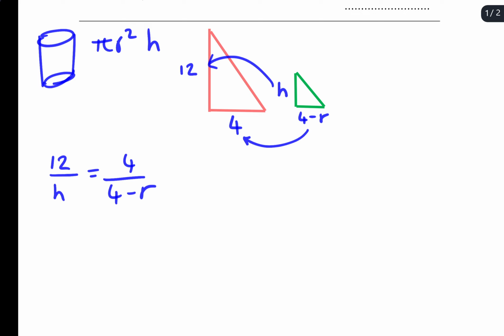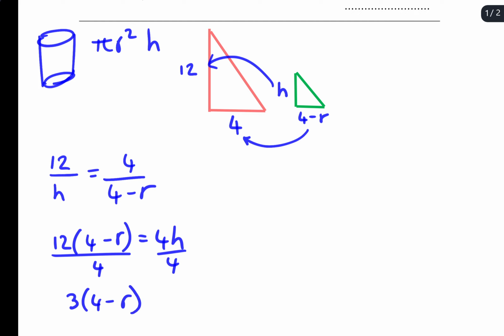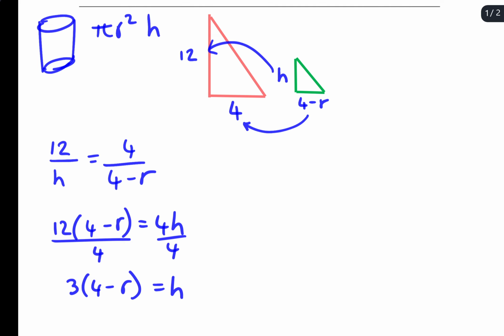And we can cross multiply. So this then becomes 12 brackets 4 minus r is equal to 4h. Divide both sides by 4. So then I get 3 times 4 minus r is equal to h. And we can expand this out to get 12 minus 3r equals h.